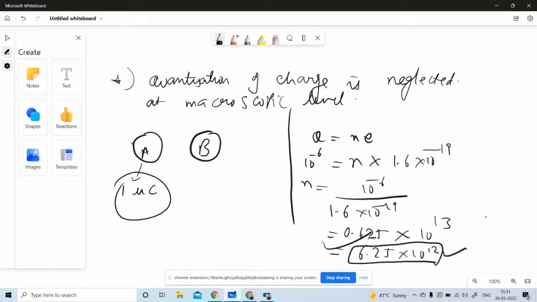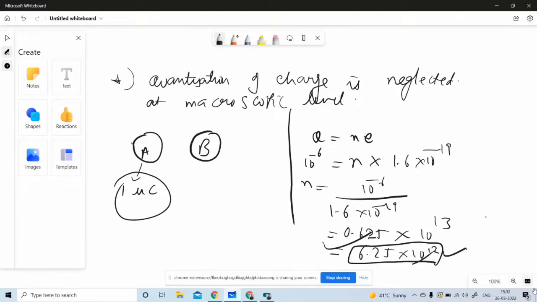Just as I'll give you an example, when there is a water flow, we will not be able to count the number of water particles, right? Because they are very large in number. We'll take them as continuous flow only. In the same way, these electrons are very tiny, and in order to establish a charge of 1 microcoulomb, this many electrons need to be transferred, which are very large in number. So we'll take charge as continuous and will not take it as quantized.